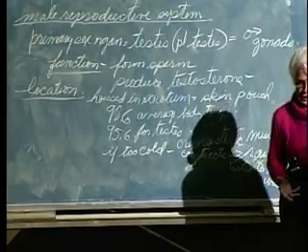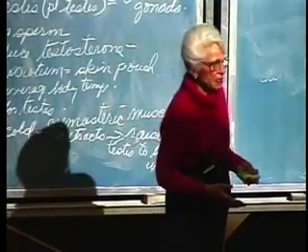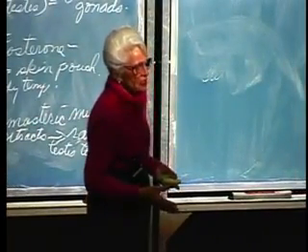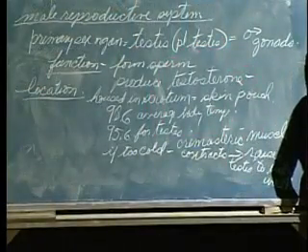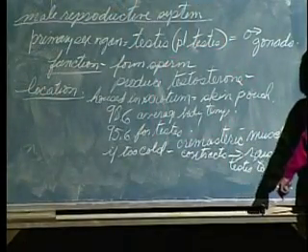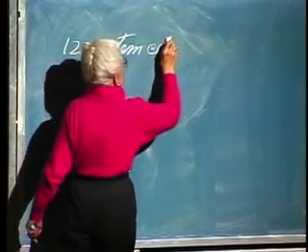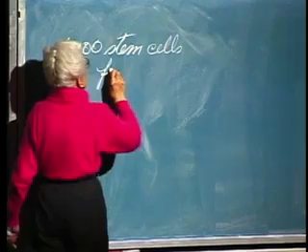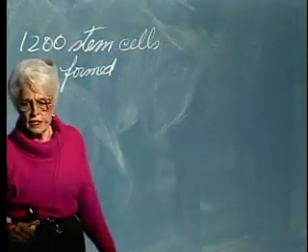First, we have to get some stem cells. Roughly, they say that about 1,200 stem cells are formed in the embryo destined for forming the testes. What will be forming these stem cells?